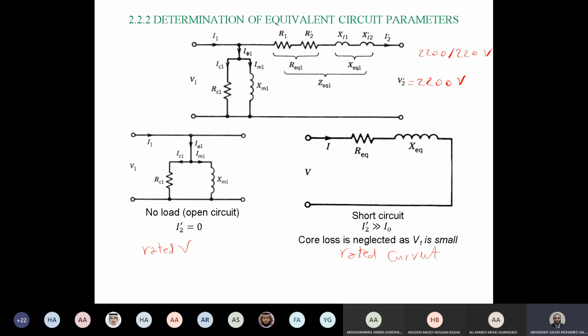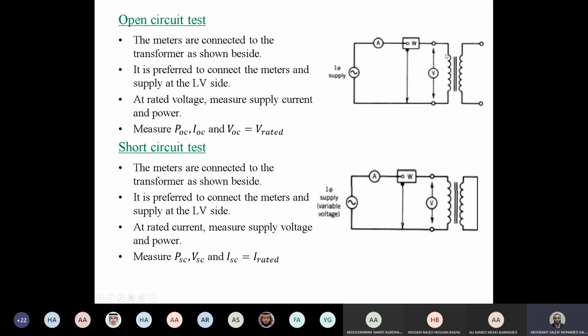Regarding the experimental test, how can we make this test experimentally? Now, for the transformer connected to the devices, for the open circuit, we will leave the secondary open without any load, no load, and add a voltmeter, ammeter, and wattmeter on the other side. So simply, like that, this is the transformer.